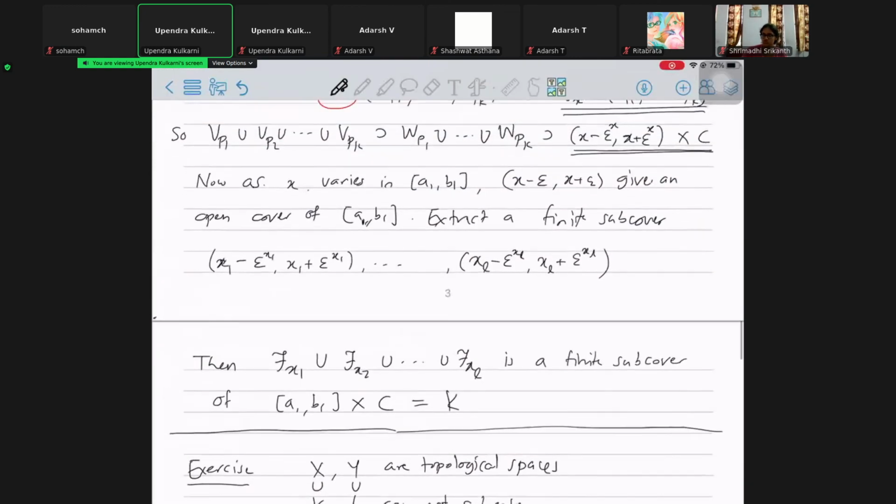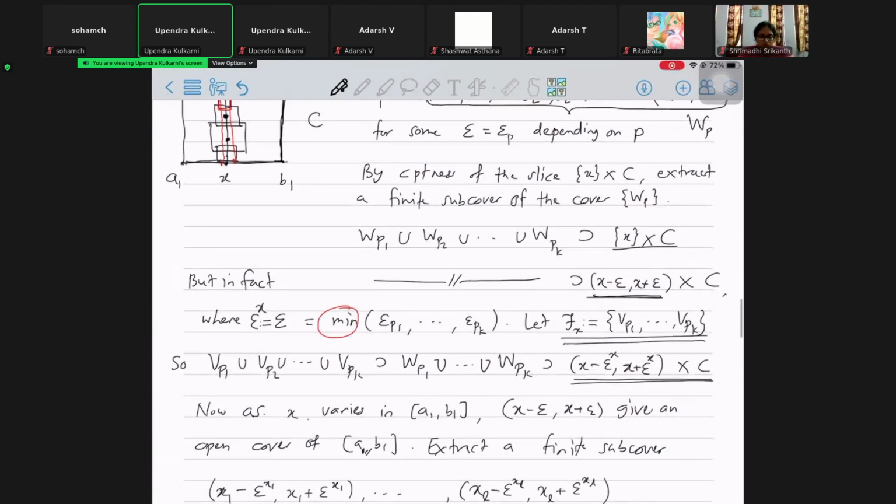The part where we took the minimum, what will that be replaced by? That will be replaced by the simple assertion that the intersection of a finite number of open sets is still open.